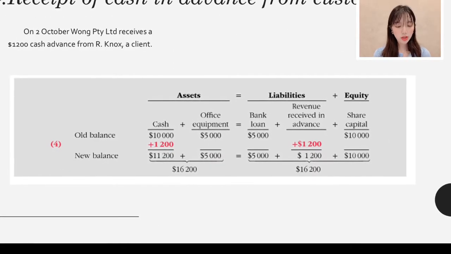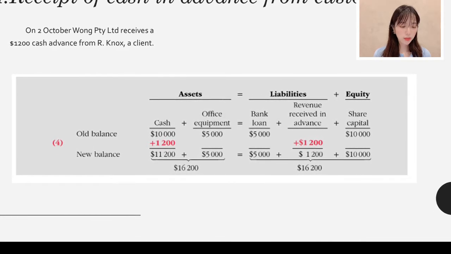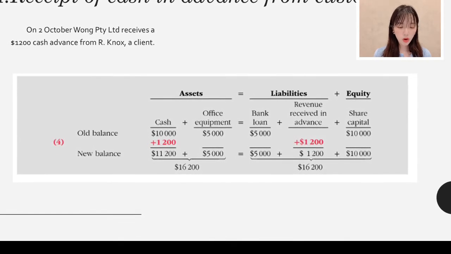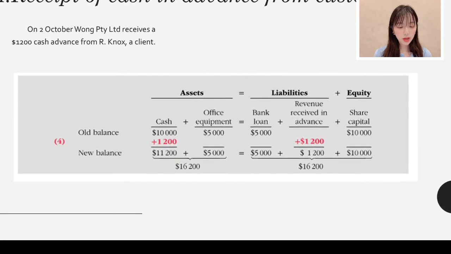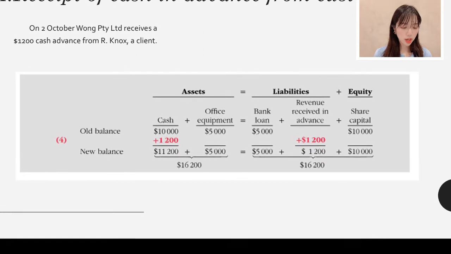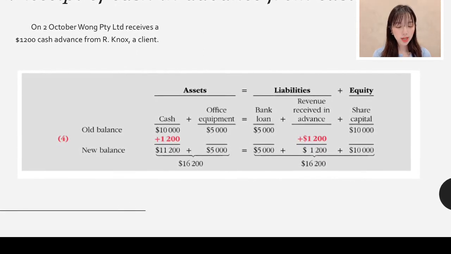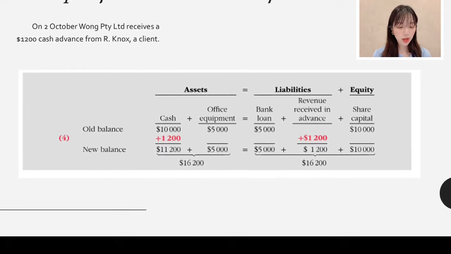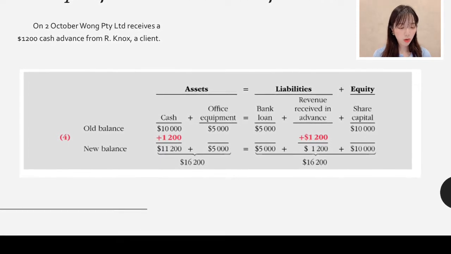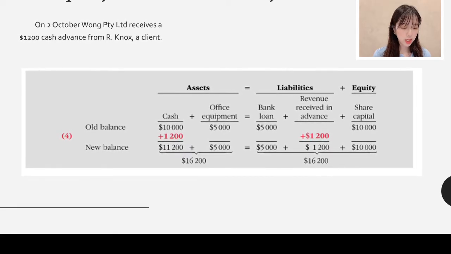Number 4, receipt of cash in advance from a customer. On 2 October, One Limited received a 1,200 cash advance from Arknox Silent. In the transaction, cash is received for advertising services that are expected to be completed by One Limited by 30 December.